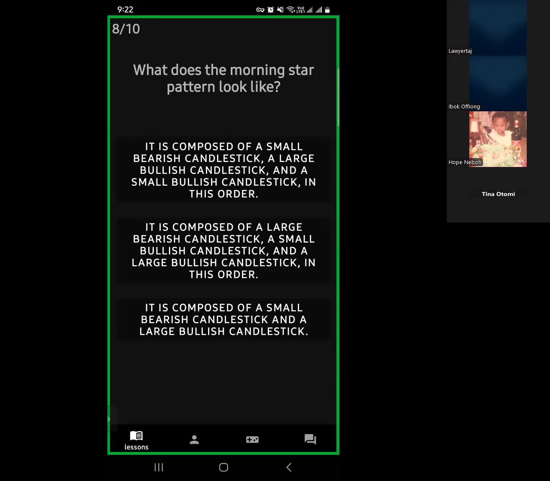Number 2, it is composed of a large bearish candle, a small bullish candle, and a large bullish candlestick in this order. I hope you guys are reading it. Number 3, it is composed of a small bearish candlestick and a large bullish candlestick.